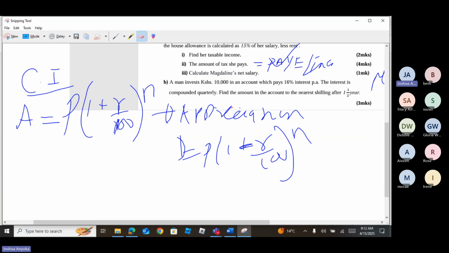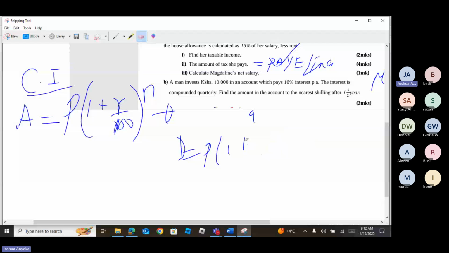The compound interest formula is used for appreciation and for hire purchase. But when we give it a negative, then it is depreciation. So we have now the formula.